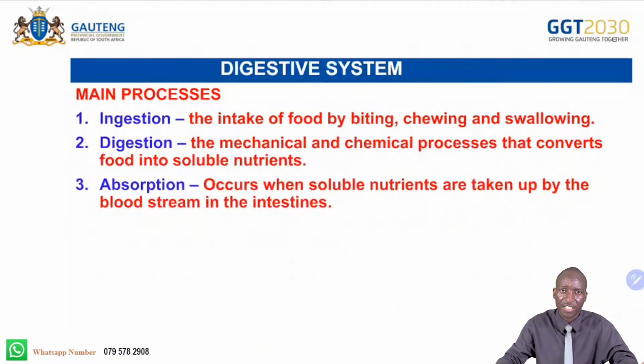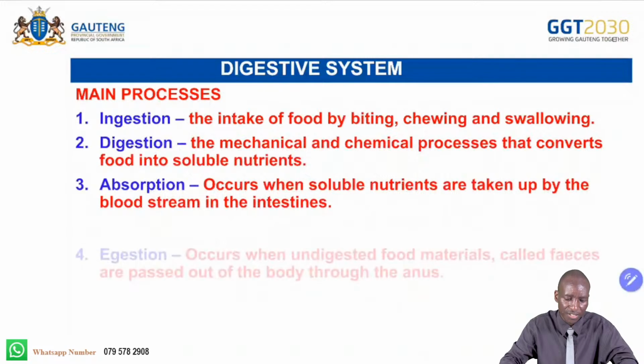When digestion has been completed, food needs to be absorbed into the bloodstream, then transported to all the body parts so that growth is initiated. Remember that all the body parts need food supplies so that your body can function properly and grow healthy. Absorption, what happens in this case? It occurs when soluble nutrients are taken up by the bloodstream in the intestines.